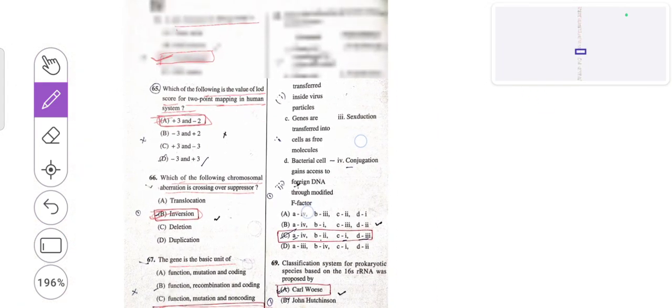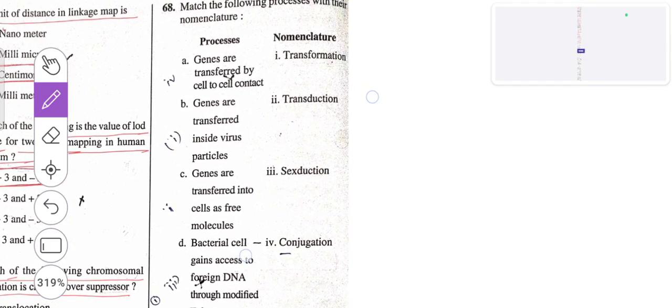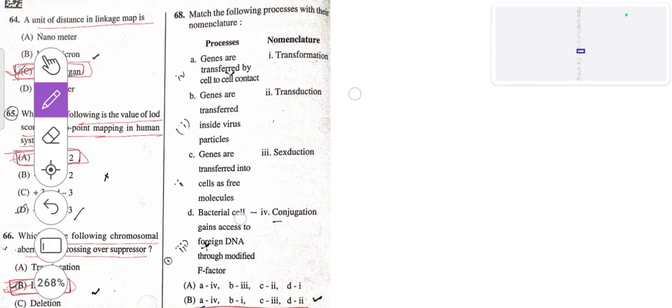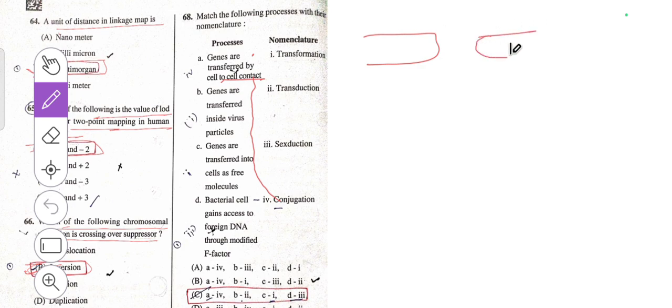Then 68th, again they have given match the following. Genes are transferred by cell to cell contact. So consider this as one bacteria, consider this as another bacteria.